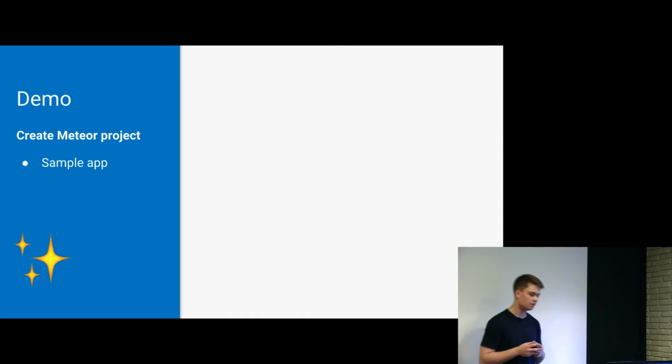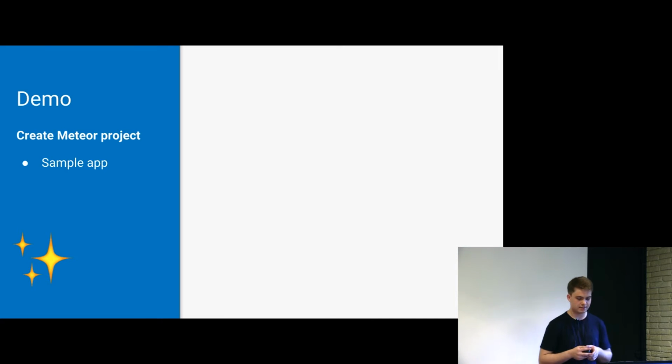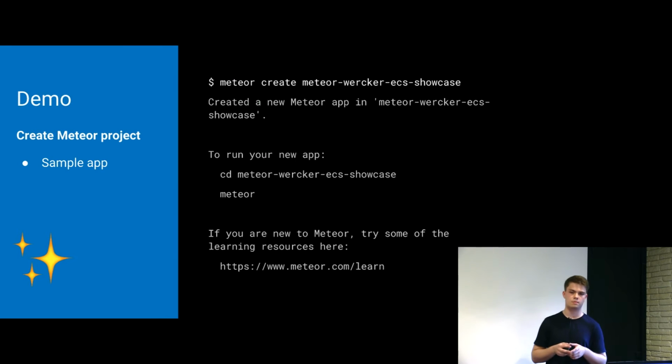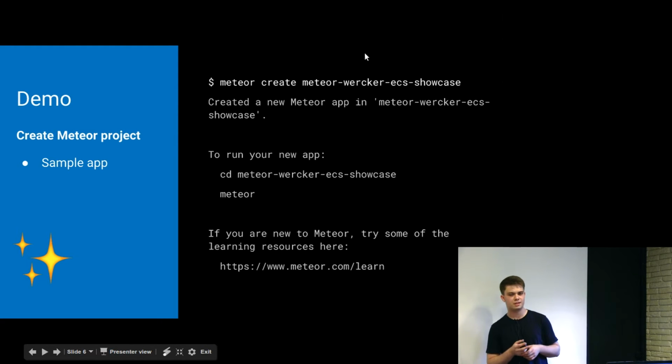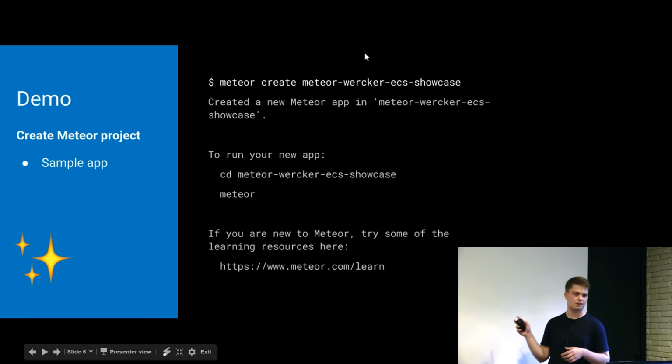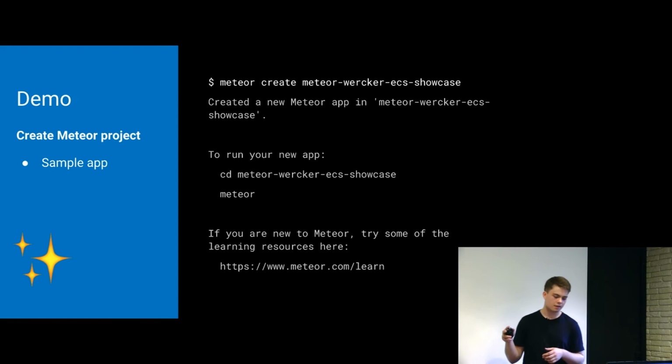So enough theory. We'll build a simple Meteor application to show you how the overall process can look from the beginning to the end. So we begin with a meteor create. It will create a basic application we all know, with a button. You click and the counter increases, and this app will be used in the example.